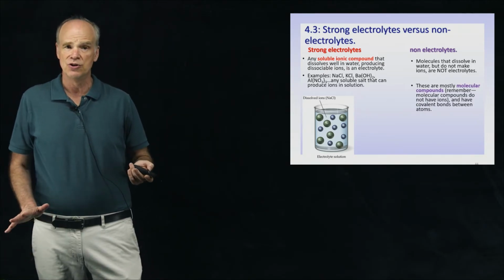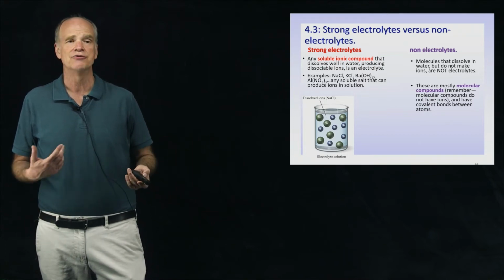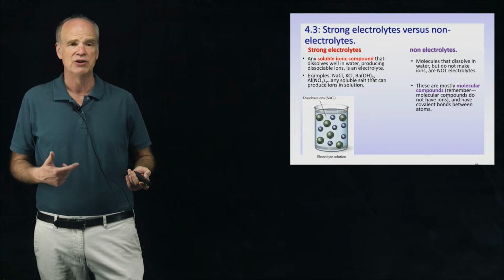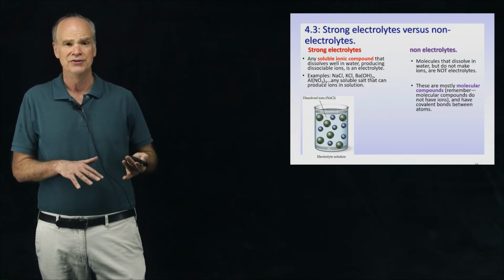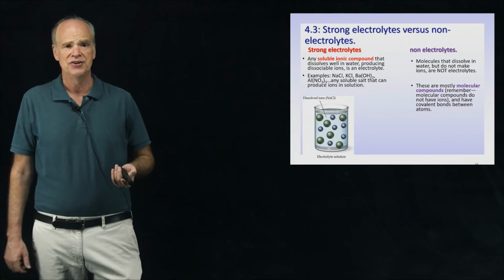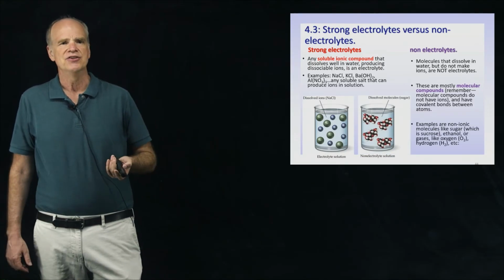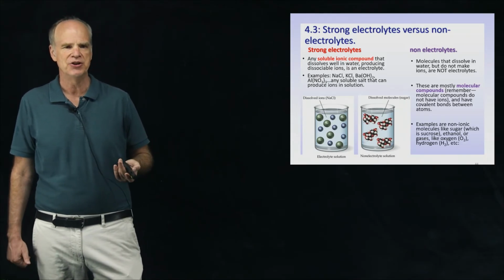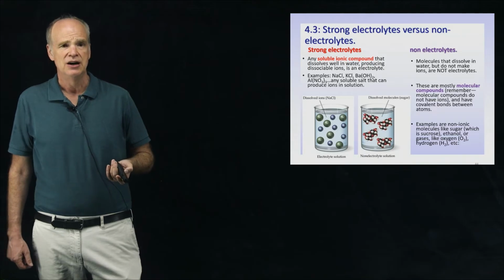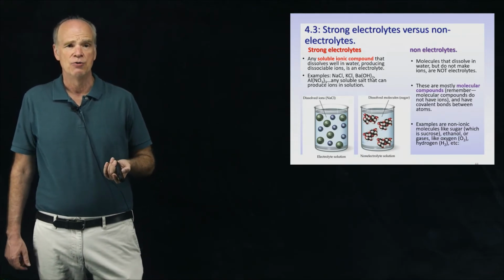And then there are other molecular compounds as well that would not be electrolytes. So for example, ethanol is a molecular compound. It dissolves extremely well in water, but it does not create ions, and so it would not be an electrolyte. And there are other things like gases, like oxygen and carbon dioxide and hydrogen gas. They can dissolve to some degree in water, but when they do, they are not in the forms of ions, and so they would not allow the water to be conductive.